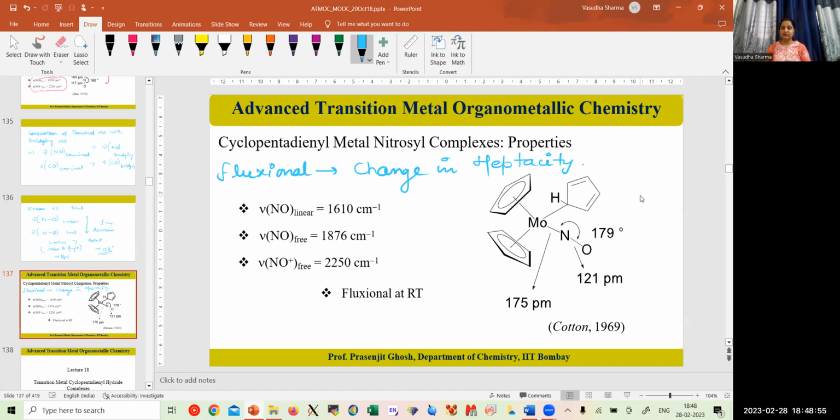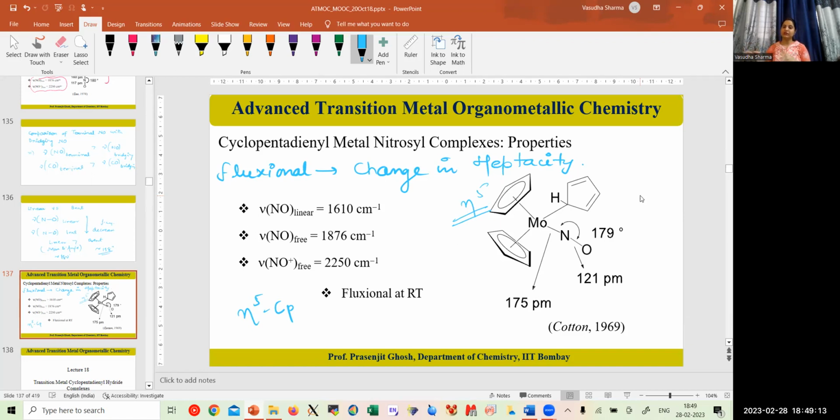For example, this Cp ring is right now in eta 5, but if you give a certain temperature, it might go from eta 5 to eta 3, like we have seen in the allyl case that it goes from eta 1 to eta 3. So this is called the fluxional behavior.